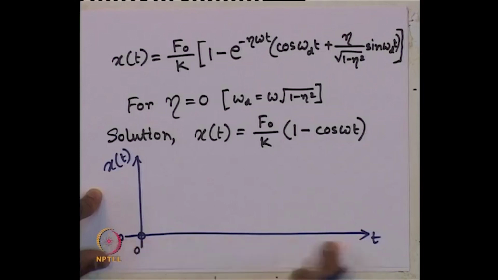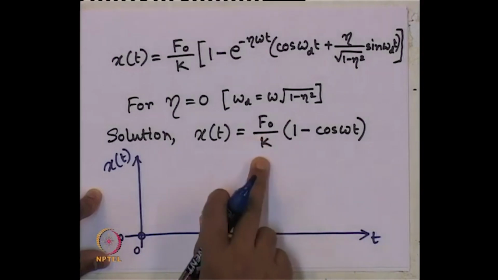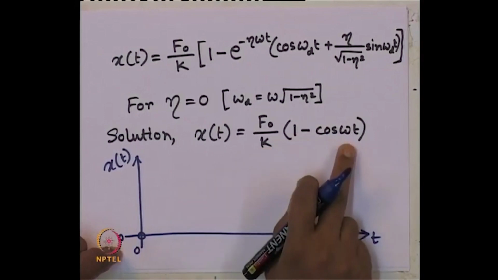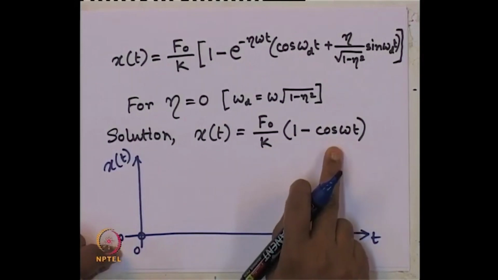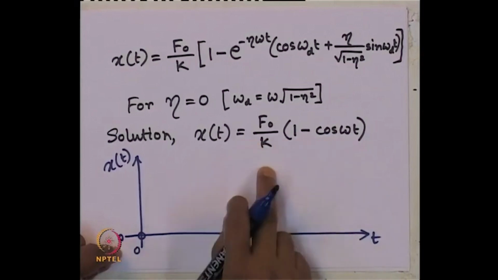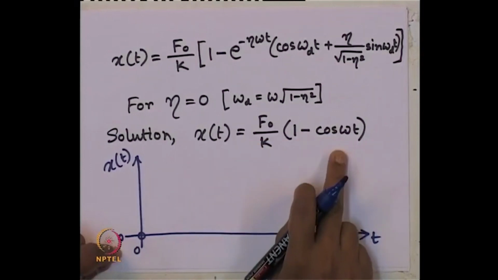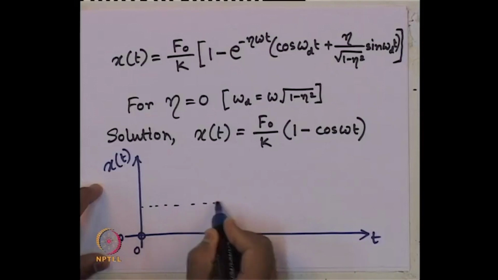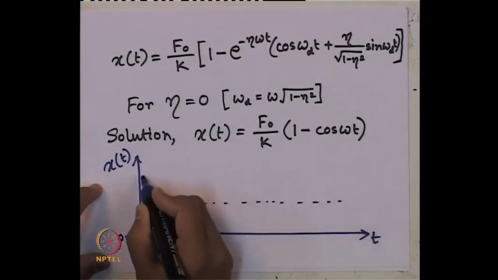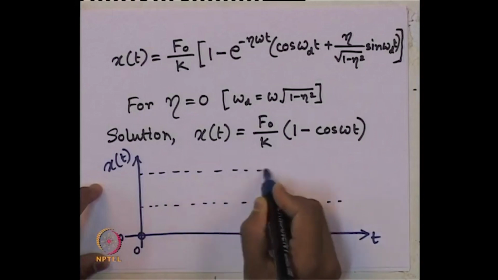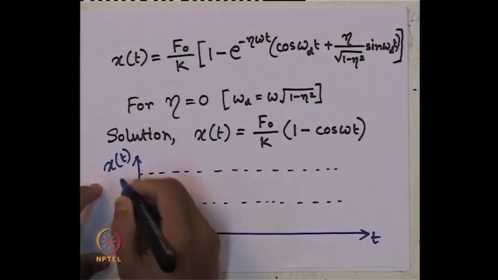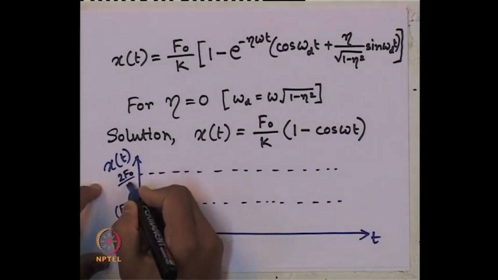The minimum value is 0, which we have obtained, and the maximum value will be 2 f naught by k, because when cosine is minus 1, we get 2 f naught by k, and when it is 1, we get 0. So, about this axis of f naught by k, let me draw two parallel lines. This is f naught by k, and this will be 2 f naught by k.